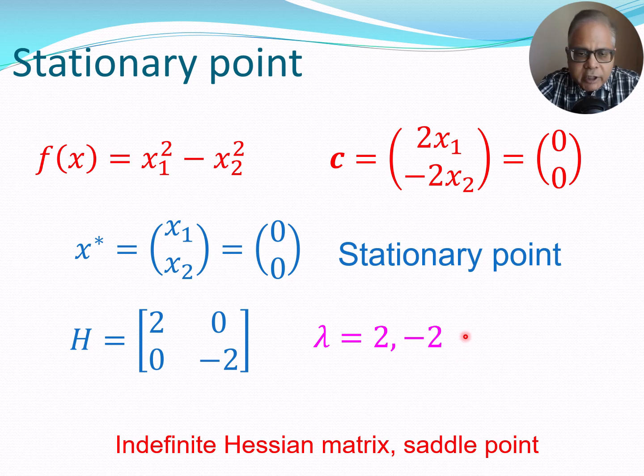Now of course you know that in this particular problem these are neither both positive nor both negative. One is positive, one is negative. So this is an indefinite matrix. So essentially whenever you encounter an indefinite Hessian matrix, you have a saddle point.